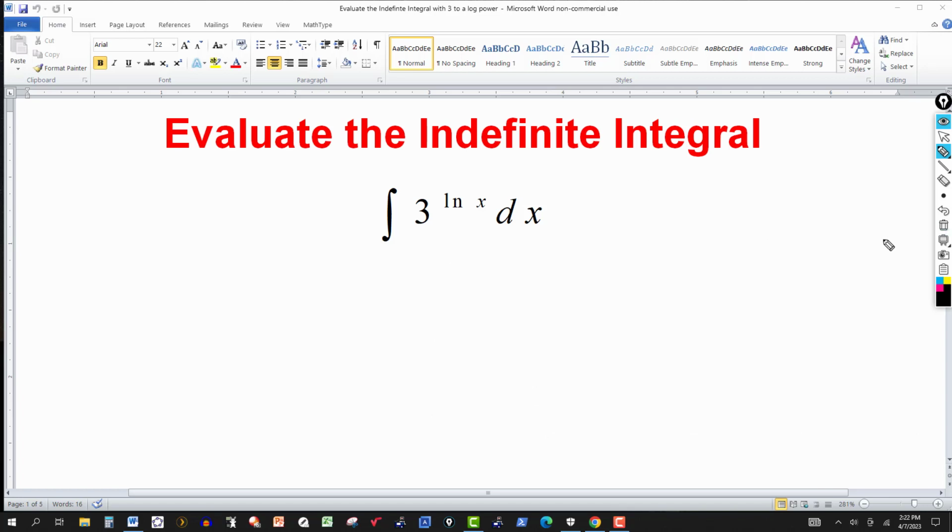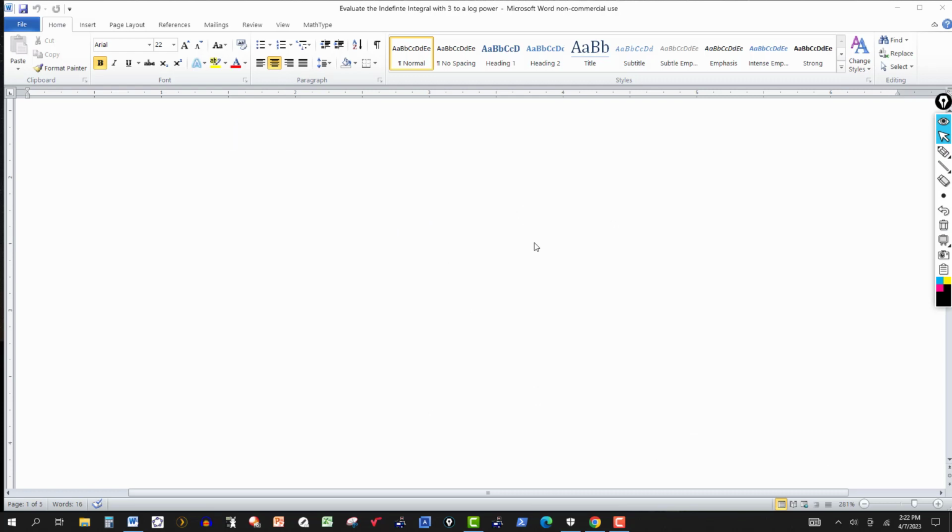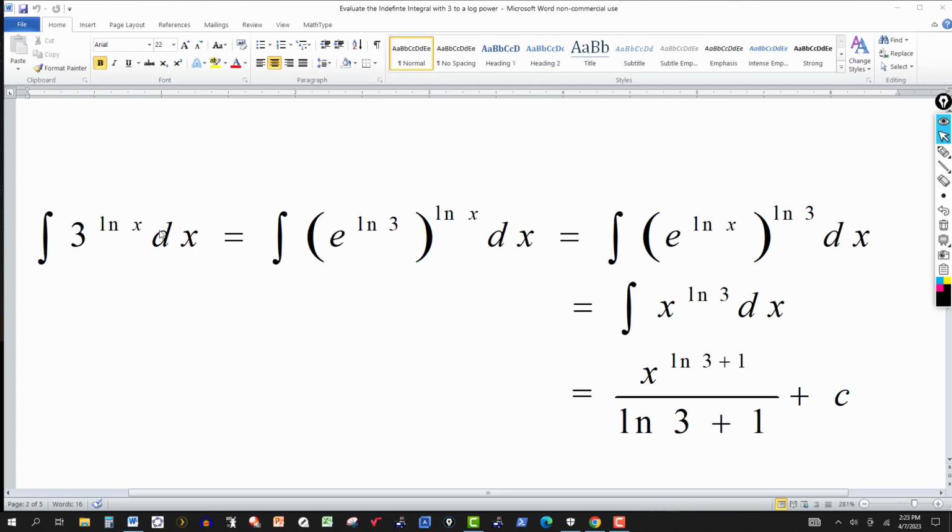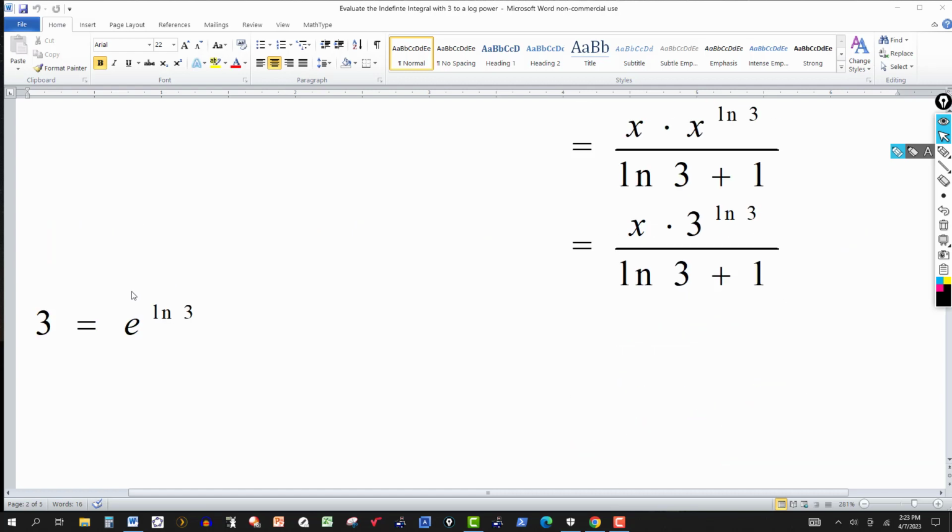Another way to do it, I did it this way so you can see it better. It's easy for me because I have trouble writing with this little pen here. But here it is: the integral of 3 to the ln of x dx is equal to, and then I'm using this substitution.